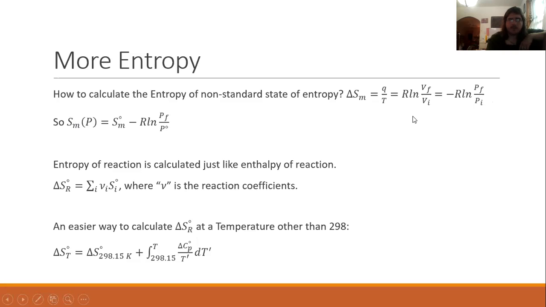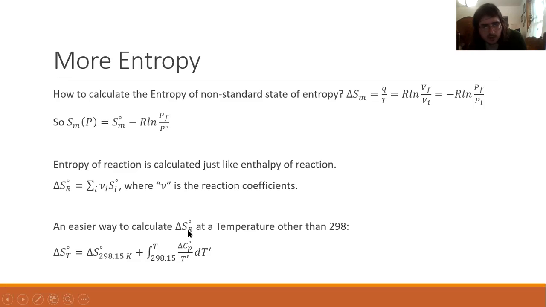Or we could add on the effective volume, depending on what we're looking at. And the entropy of a reaction can be calculated just the same way as the enthalpy, where the entropy of a reaction is the sum of v_i S_i for each reactant and product, where v is the reaction coefficient.